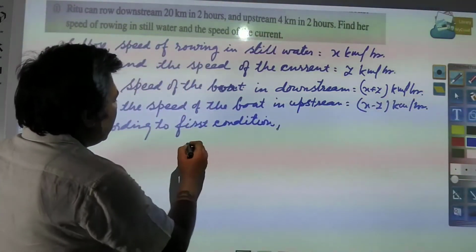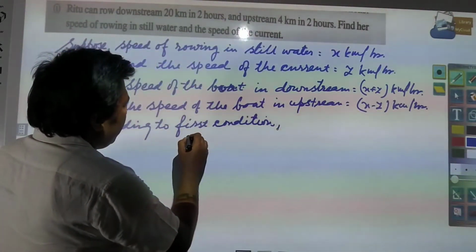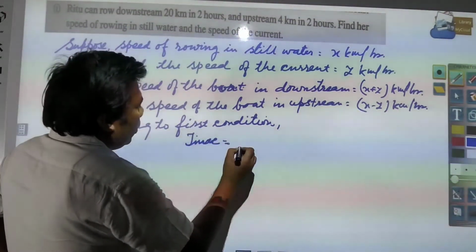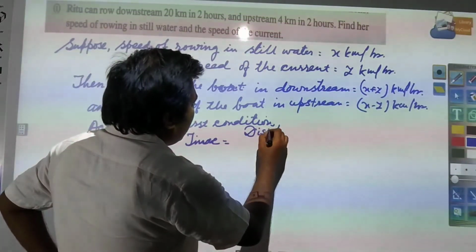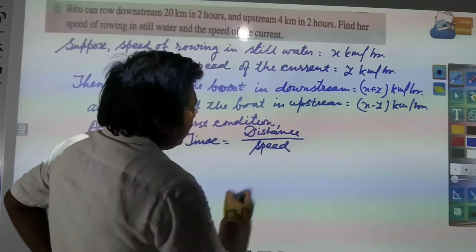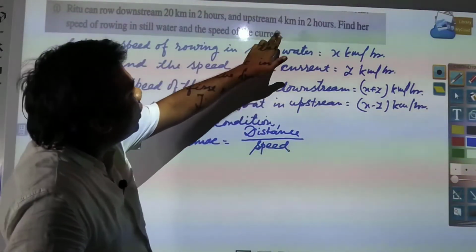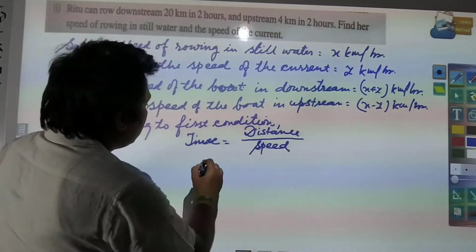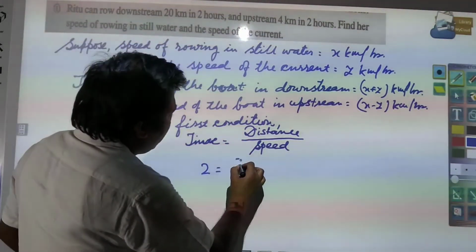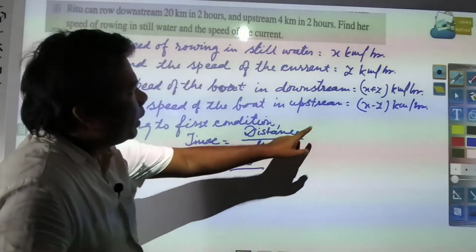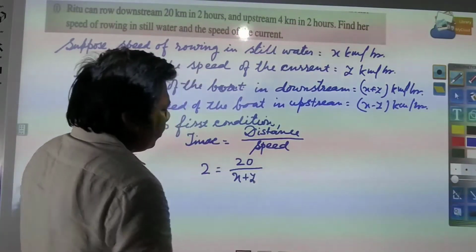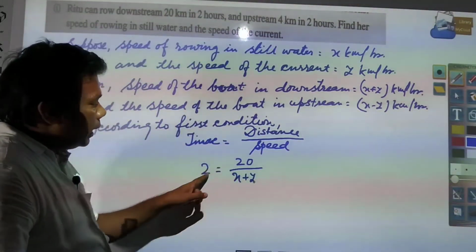So time is equal to distance by speed. The time taken is 2 hours, so 2 is equal to the distance traveled, 20 km, divided by the speed in downstream, x plus y km per hour. This needs to be simplified.